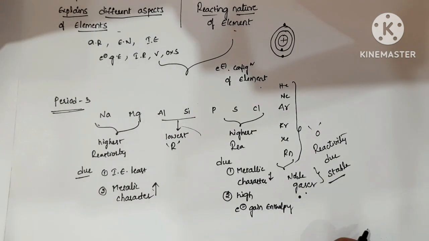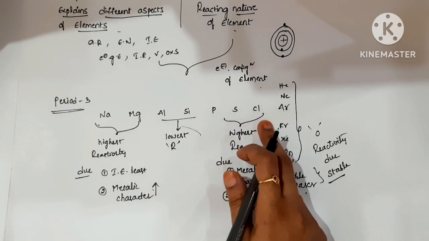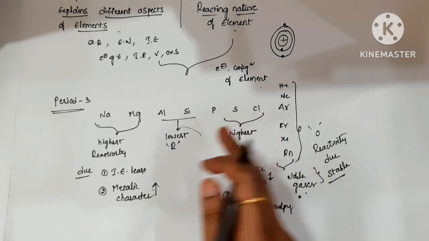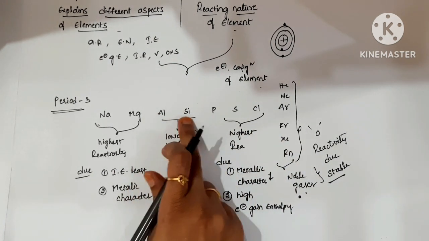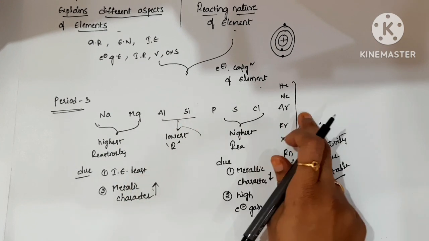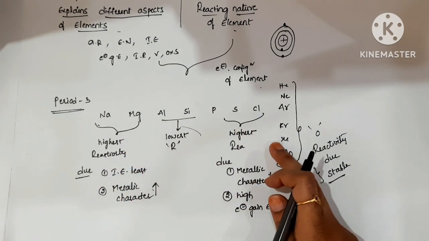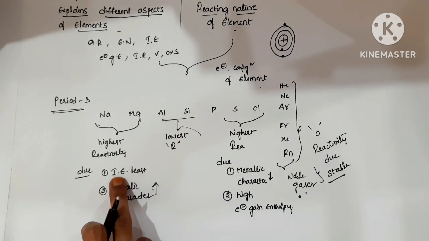Chemical reactivity is highest at two points, the left side and the right side of a period, and lowest at the center of a period. On the left, the highest reactivity is due to the least ionization enthalpy.